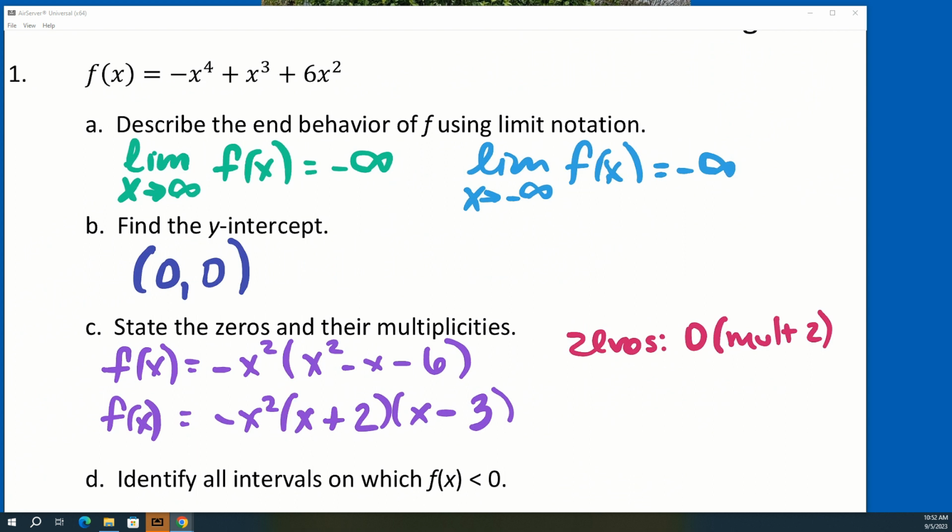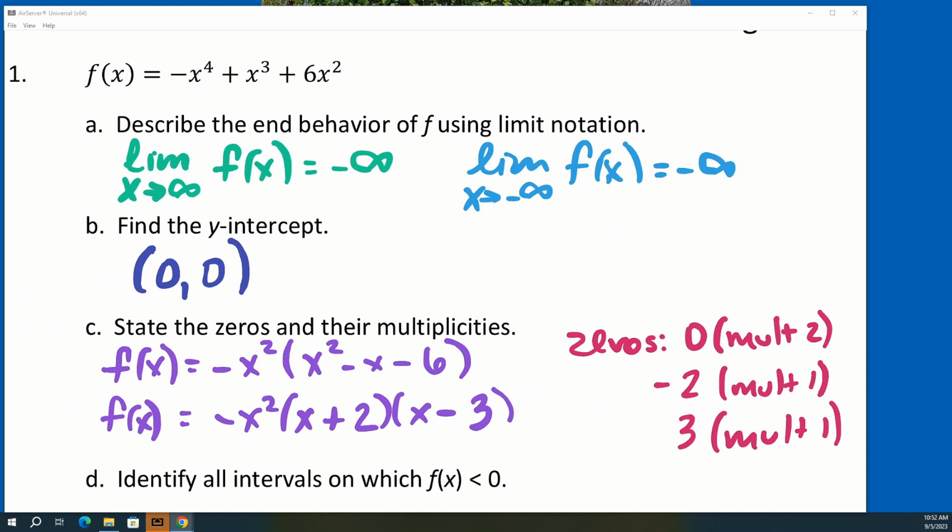Right, and then the others, they're just linear factors, so we'll just do the opposite, and they both have a multiplicity of 1. All right, any questions on this?